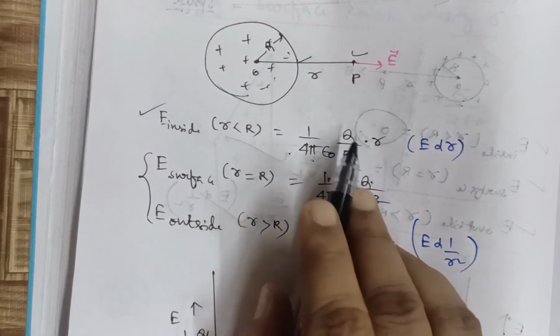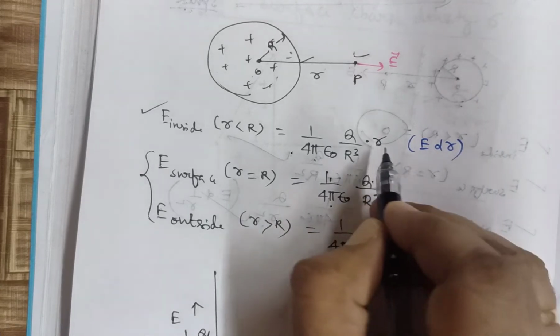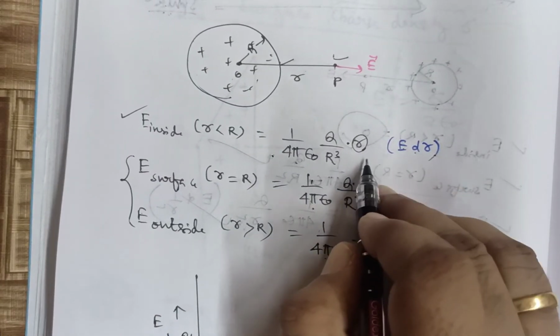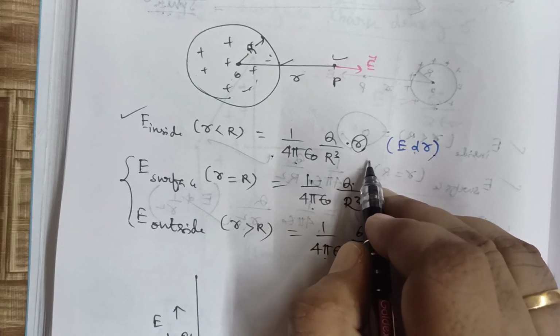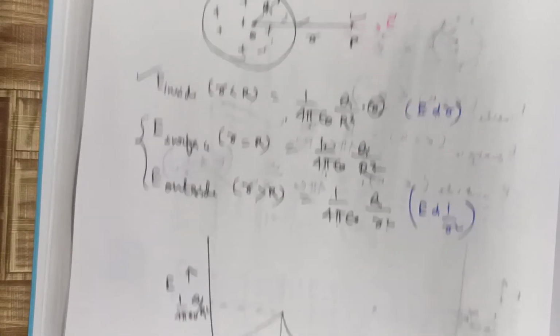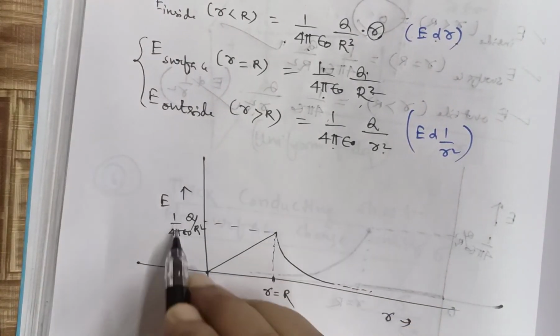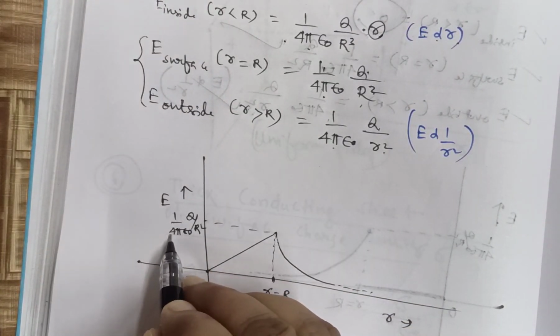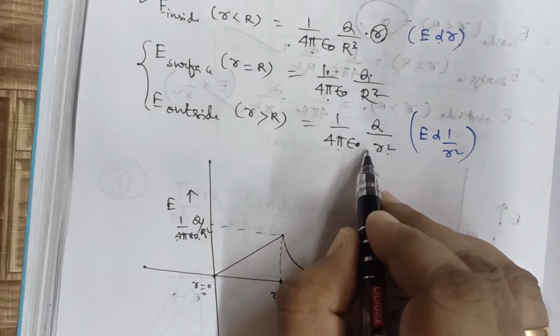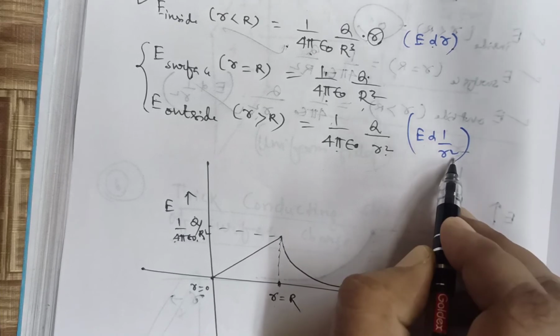1 by 4 pi epsilon 0 q by R cube into r. Variable is r. So E is proportional to r. So these formulas are derived from the Gauss theorem. We have not discussed it, we just have to remember this formula and the graph. You see on the surface, as in previous cases, 1 by 4 pi epsilon 0 q by R square. Outside the sphere, its dependence is 1 by r square.